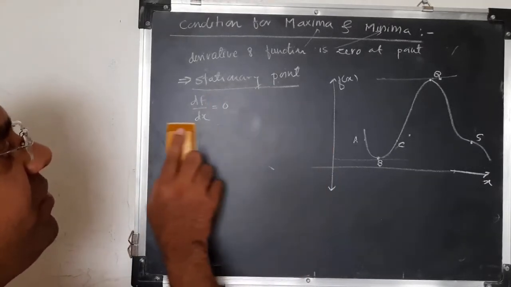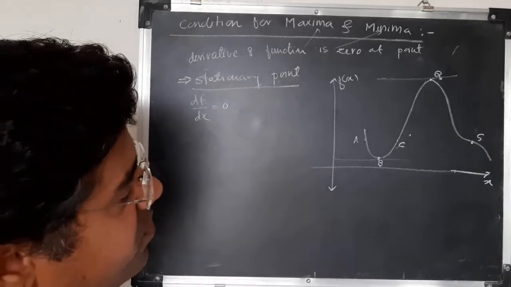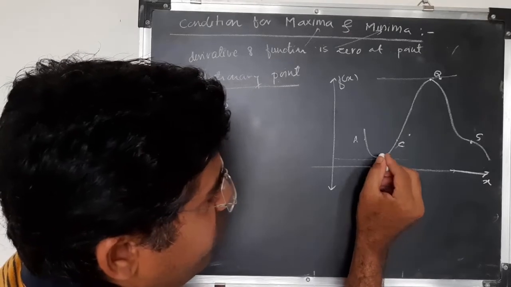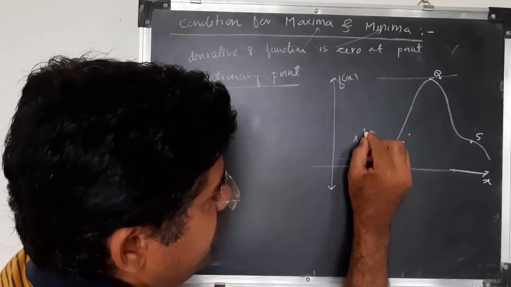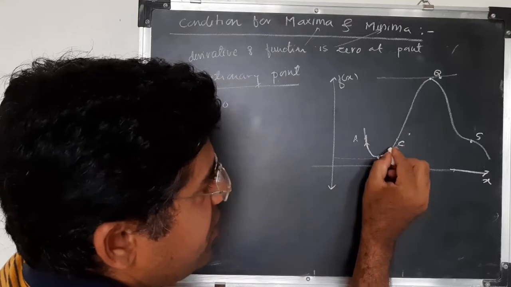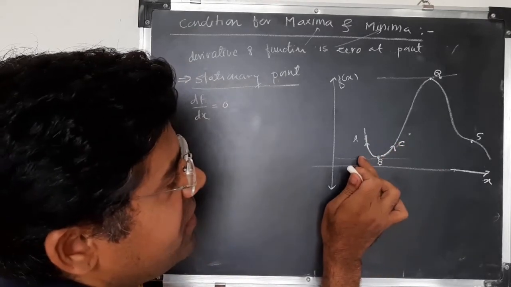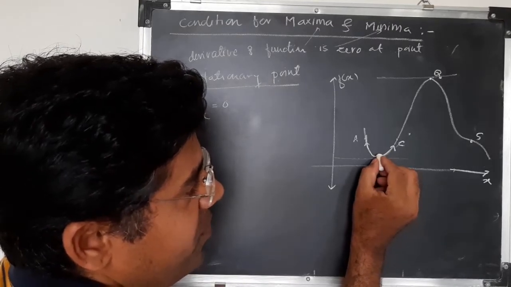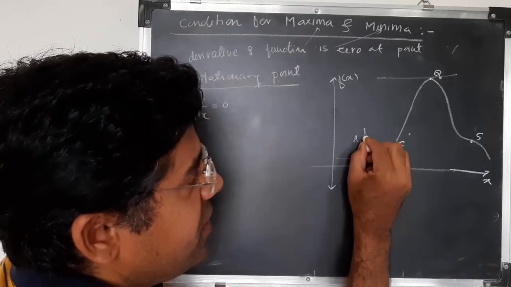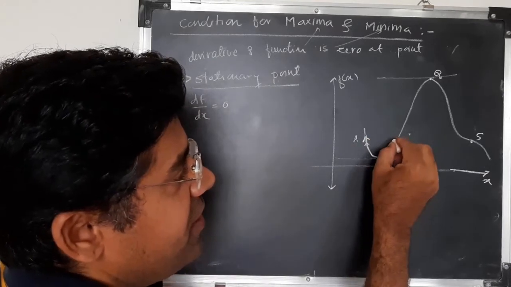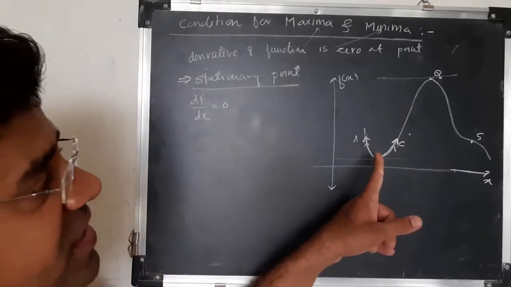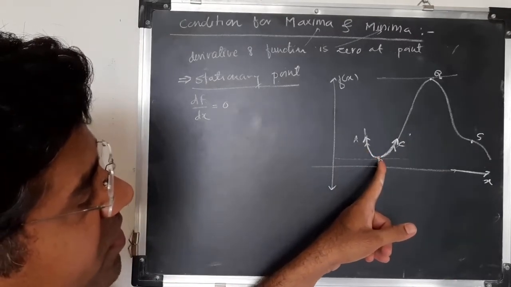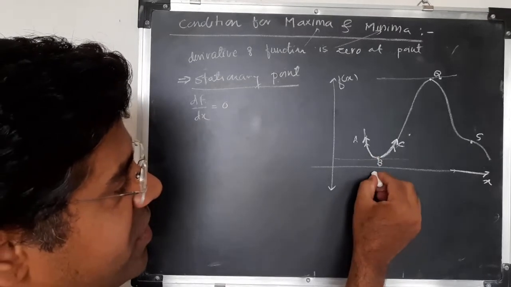Then, suppose I look at this particular graph carefully. From point B, suppose I go in this direction or in this direction. The function increases if you go away from point B, the function increases on both sides. So suppose x is equal to 2.